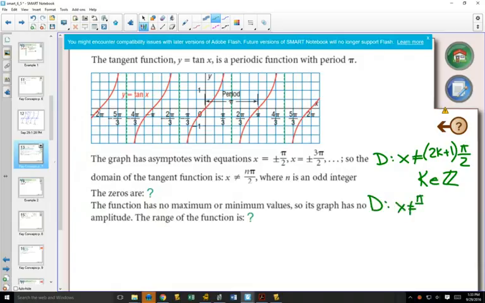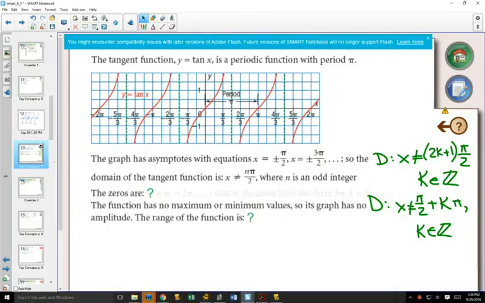You can't have pi over 2. And then what's the distance between pi over 2, 3 pi over 2? The distance between them is pi. So you can add multiples of pi where k is an integer. So there we have our domain. Our domain is everything except for the asymptotes. And you could choose one of those two ways to write it.